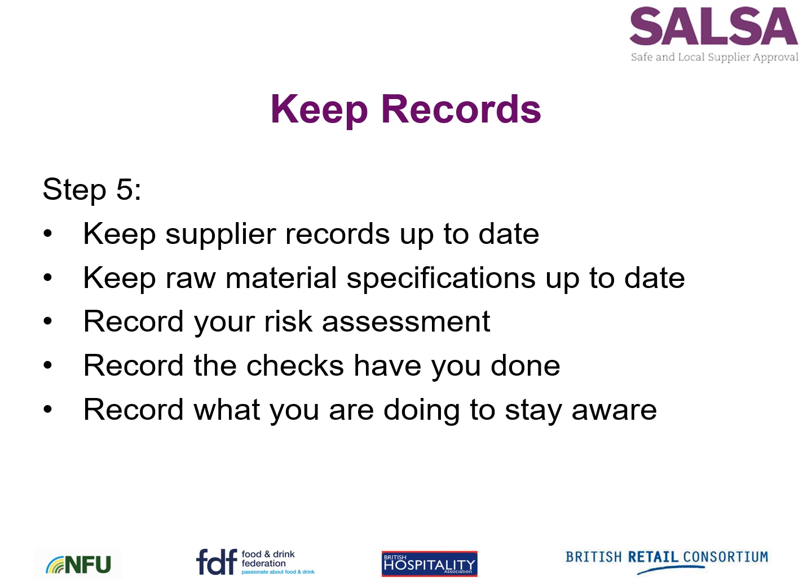Check them regularly with suppliers, especially for ingredients that you have identified as more risky. Keep records. Document the risk assessments that you do and any checks that you have made on raw materials. Importantly, record what you're doing to stay informed and aware of any potential risks to your product. The next slide gives you some examples of where to find information.